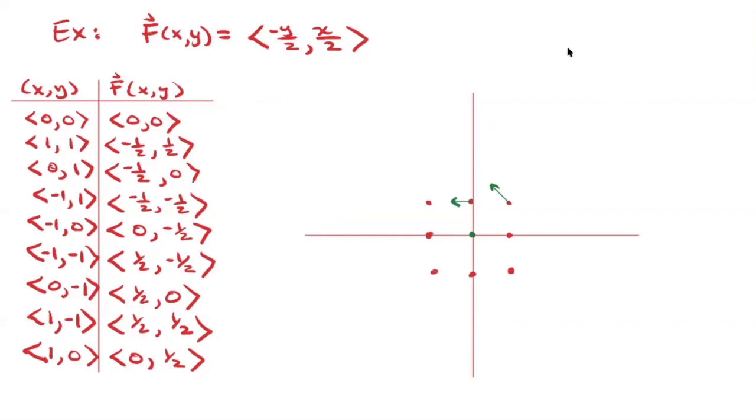At negative 1, 1, it goes left a half and down a half like this. You see I've done 4 problems. At negative 1, 0, it goes nowhere to the left and down a half like this. Let's check. At negative 1, negative 1, it goes positive a half and down a half. So this is going to go to the right and then down a half, maybe to there. Okay, little check mark there.